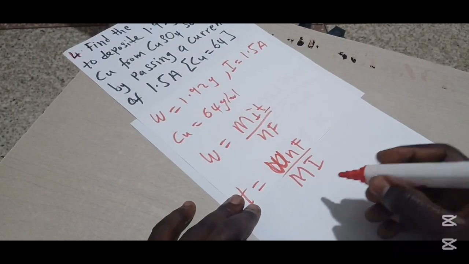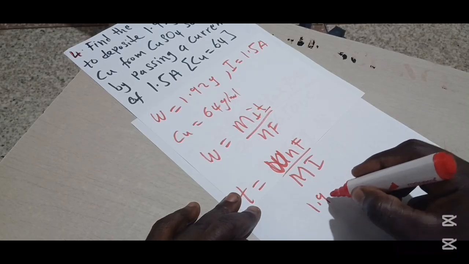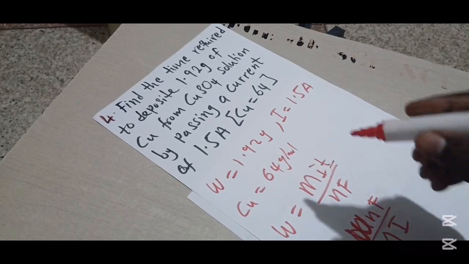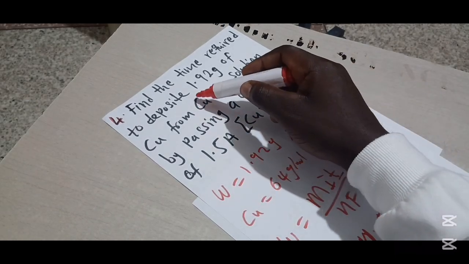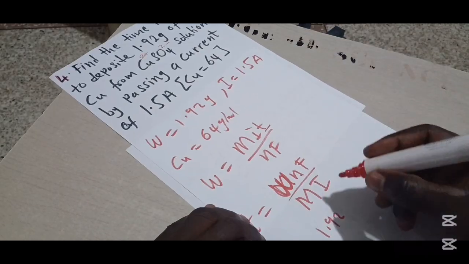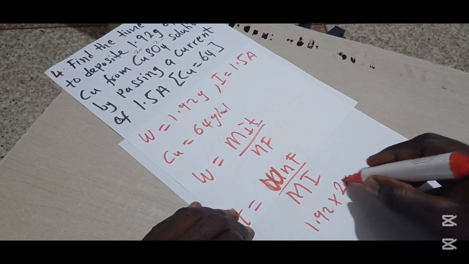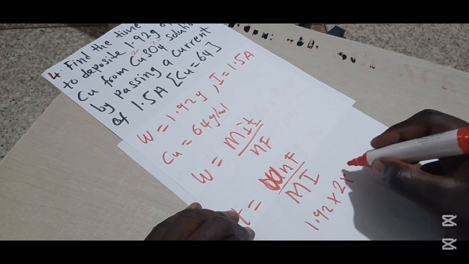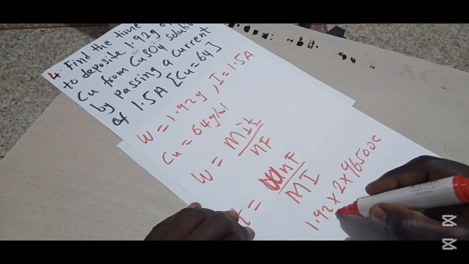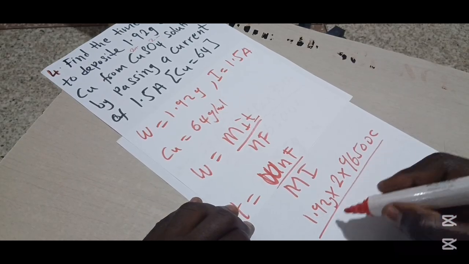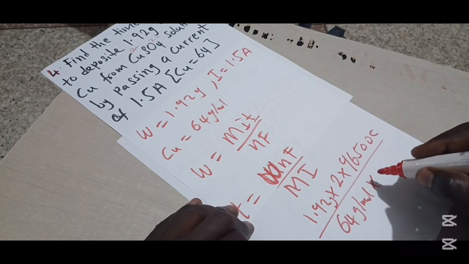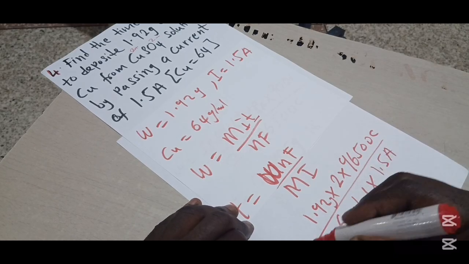So substituting our values in, we have our weight to be 1.92 and our n factor. What is our n factor here? Copper sulfate, if we break them into ions, this is going to be 2 plus and 2 minus. So our n is 2. So multiply by 2, multiply by Faraday's constant, which is 96500 coulomb, divided by molar mass for copper, 64 gram per mole, multiplied by current given, which is 1.5 ampere.